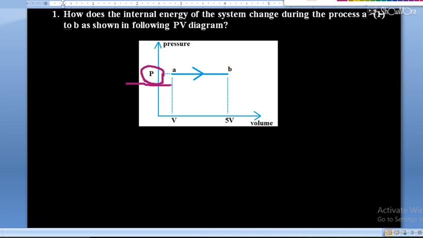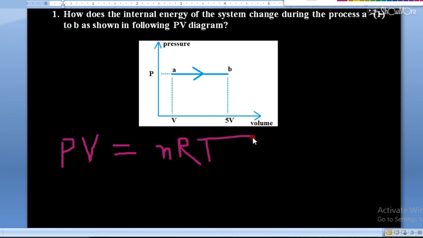We will take the help of the ideal gas equation, that is PV equal to nRT, where n is the number of moles, R is the gas constant and T is obviously temperature.